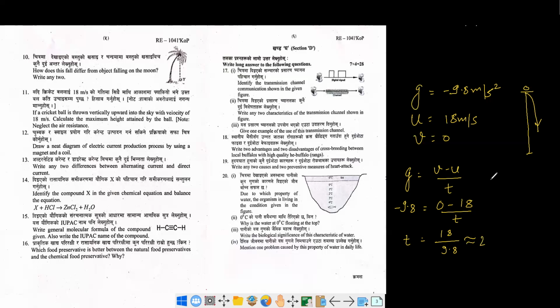Okay, then we can use h equal to ut plus 1 by 2 gt square. So this is your u, 18 into 18 by 9.8, plus 1 by 2 into minus 9.8 into 18 by 9.8 squared.